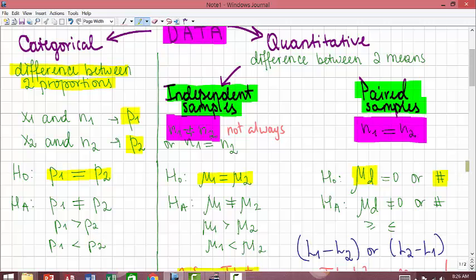A good example of a problem where you don't have a 0 is activity 9, problem 2, I believe, where we had this preparation course, and I think they were claiming that the scores increased by over 60 points or something like that. So 0 is not necessarily the number that's going to go here. The null hypothesis will always say that's the number. Most likely it's 0, but sometimes there will be some number. And then the alternative hypothesis will say no, it's different. It's either not that number or just greater than or less than. So that's the setup.